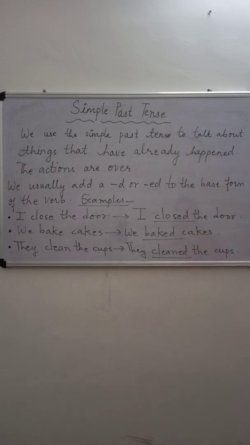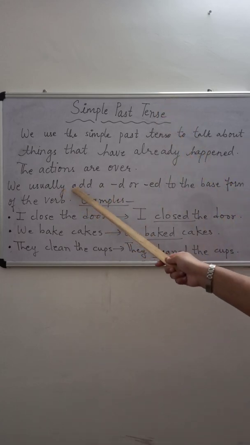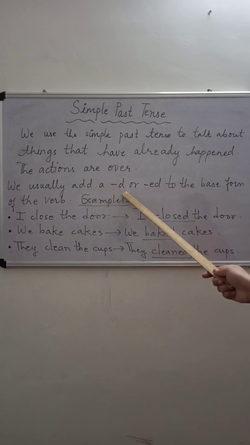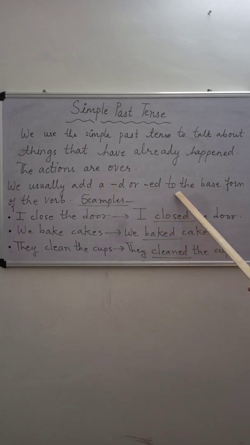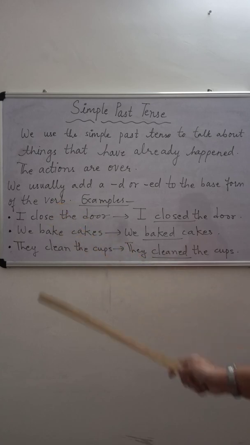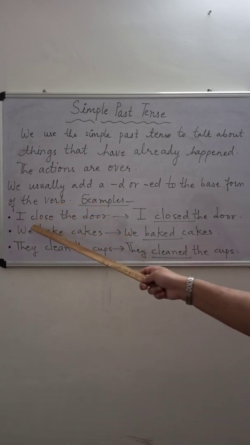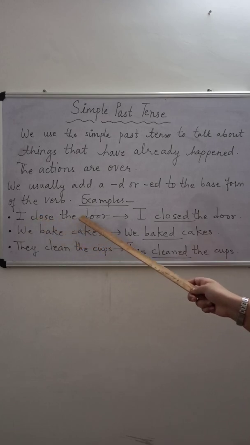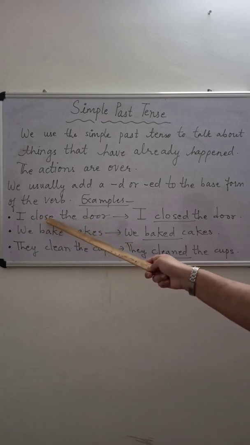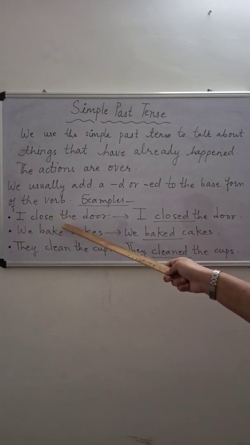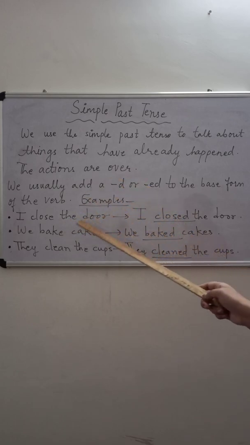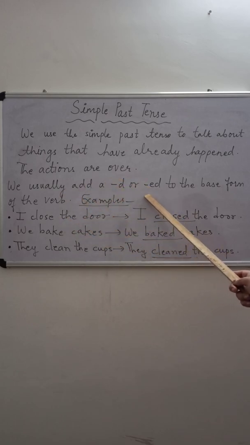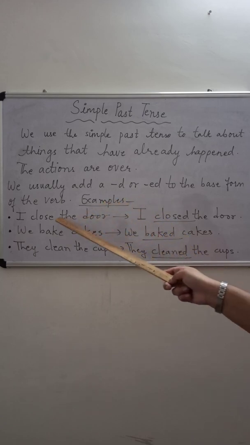How do we form a simple past tense? We usually add a D or ed to the base form of the verb. It will be more clear from the examples. See, first one, I close the door. Now this is in simple present tense. So to convert it into past tense, we have to add a D or ed to the base form of the verb.